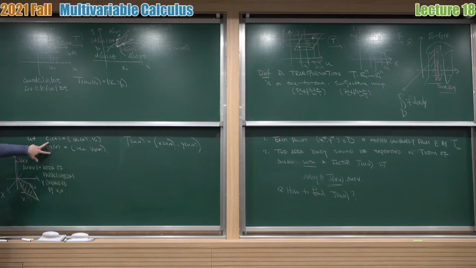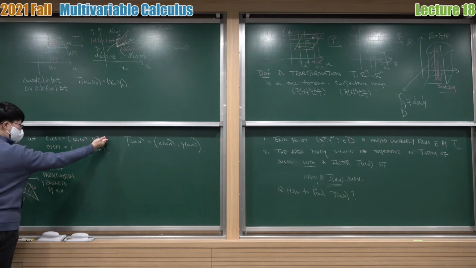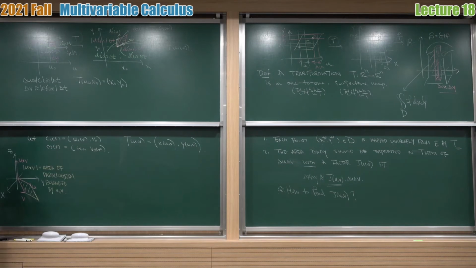But C1, C2 are two-dimensional vectors. I can think of them as two-dimensional vectors in the xy plane having 0 on the z coordinate. So I'm going to replace C1, C2 by three-dimensional vectors whose third coordinates are 0.